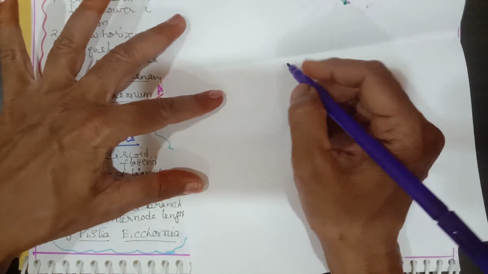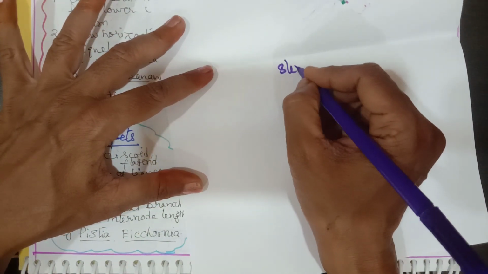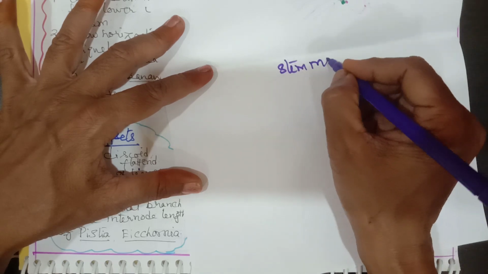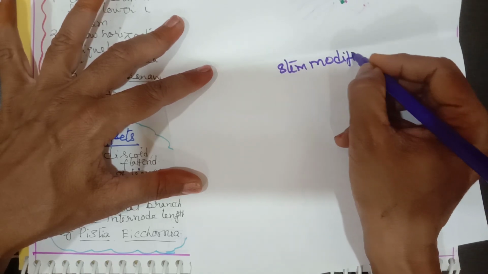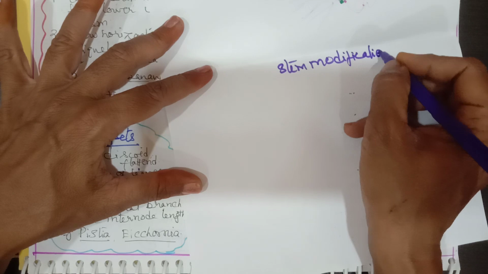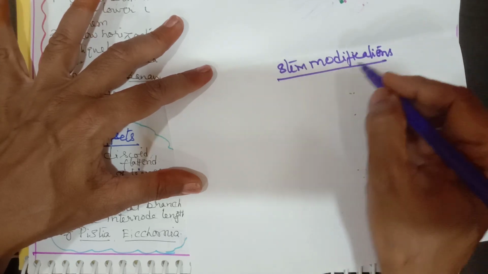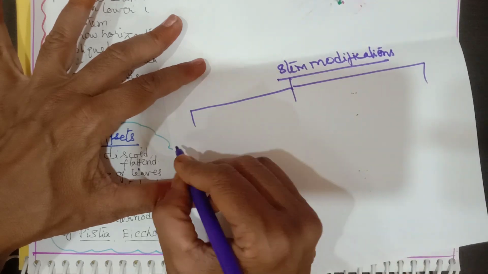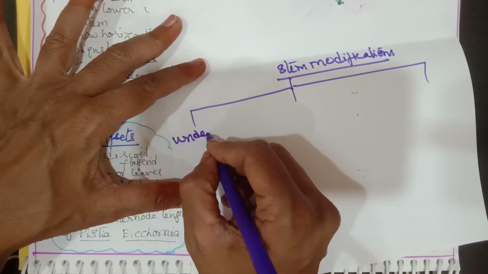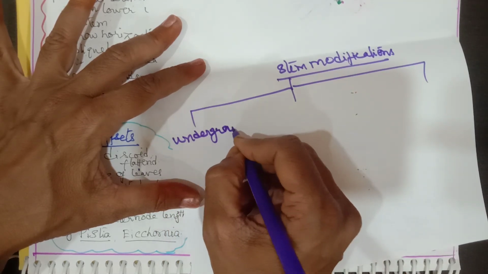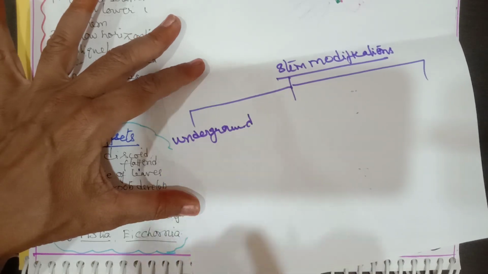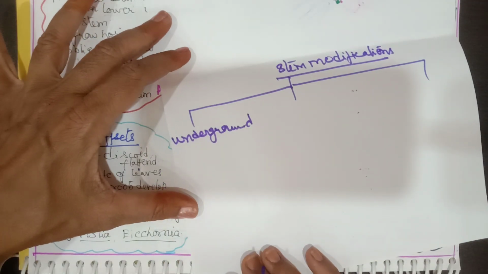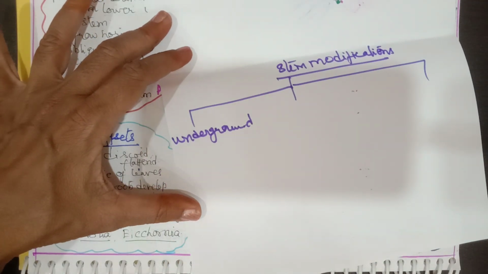Suppose we are starting with the stem modifications. How many types have we done? We have done 3 types of stem modifications. So write that way. First one is underground stem modifications. Below that you are going to write the examples. What are the examples of underground stem we have done?